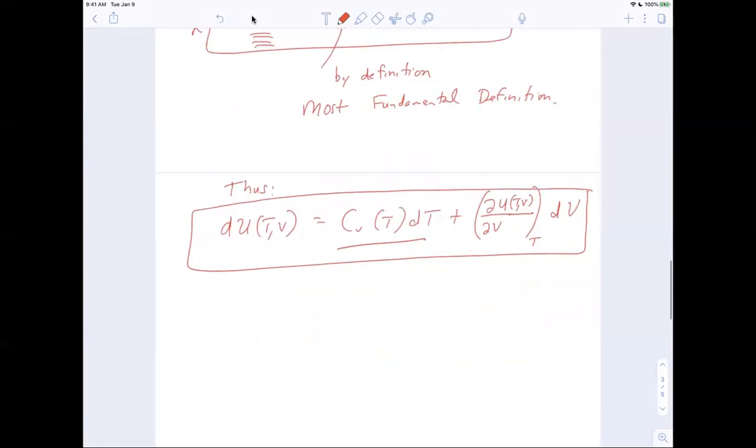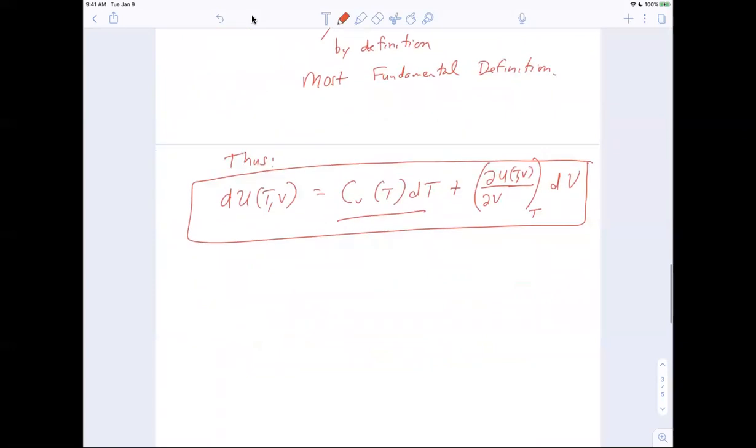So we can write our total differential of U in terms of this expression. Again, any comments or questions as to how I arrived at this?